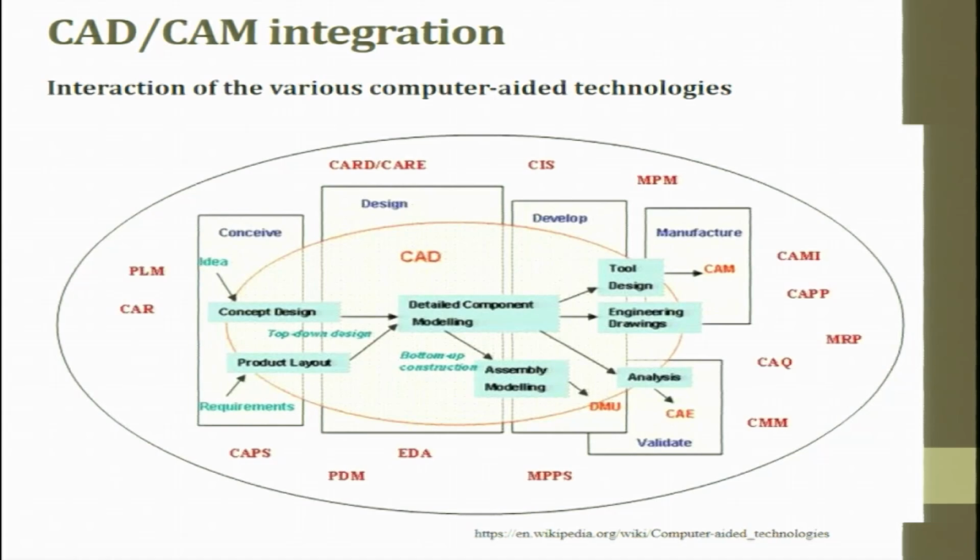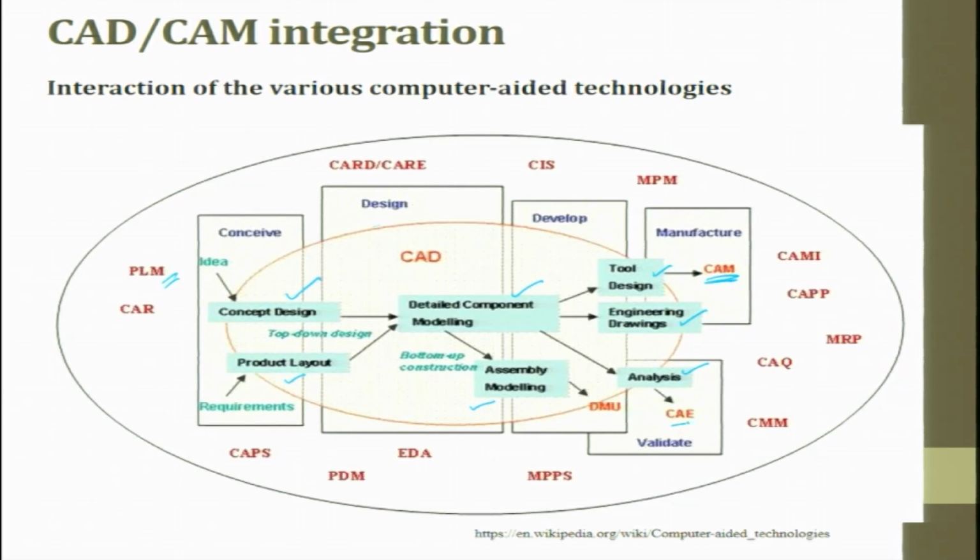So, if you look at the interaction of various computer aided technologies, this is the overall ellipse you have, and you can see here PLM, product life cycle management. This is CAD, whatever is there. Inside CAD you have conceptual design, product layout, detailed component modeling, assembly modeling, analysis, engineering drawing and tool. So, when we talk about tool, it comes under CAM.